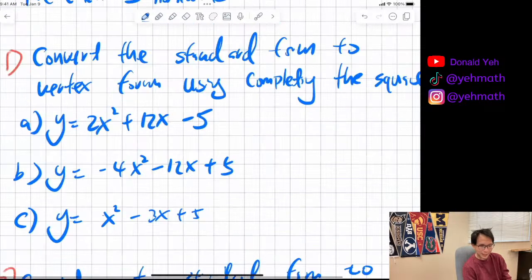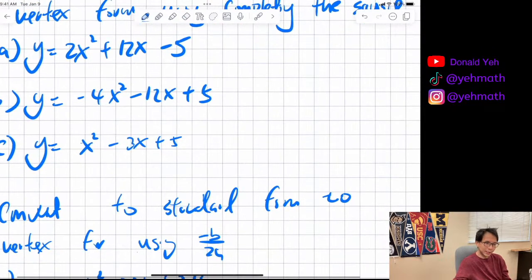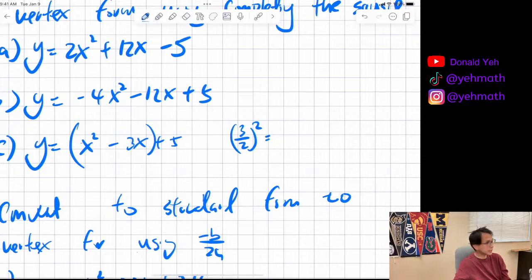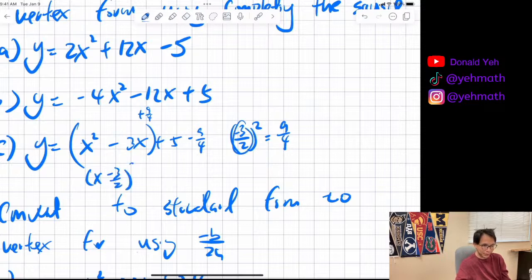I'm surprised nobody is asking B or C here. 1C is just a parenthesis of the first 2 terms. You're going to get 3 divided by 2 squared. Some people use decimals. I prefer to use fractions. This is 9 over 4. So I have a net gain of 9/4. I have a net loss of 9/4 outside. So it'll be x minus 3/2 squared, and plus 5 minus 9/4.